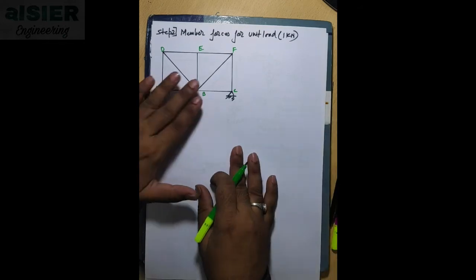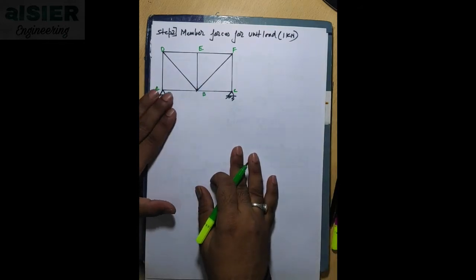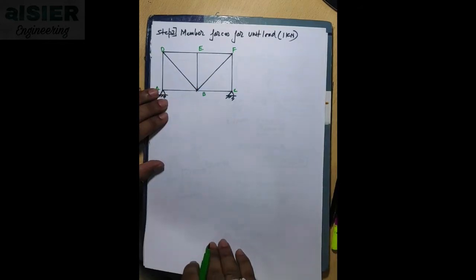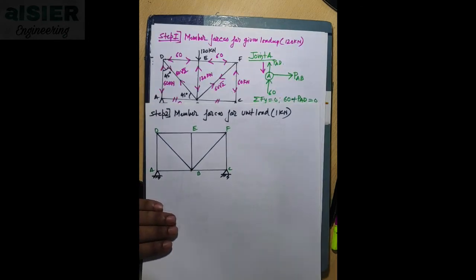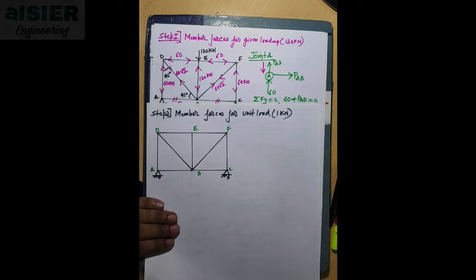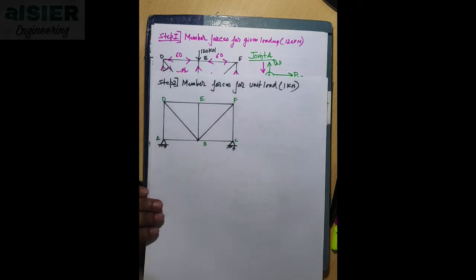Okay, so this is the diagram, and you can see there is no original loading in this diagram. We have removed the original loading. This we have seen in unit load method for beam and frame also. In next step, we will remove the original loading and then we will apply the unit load. But where to apply this unit load?